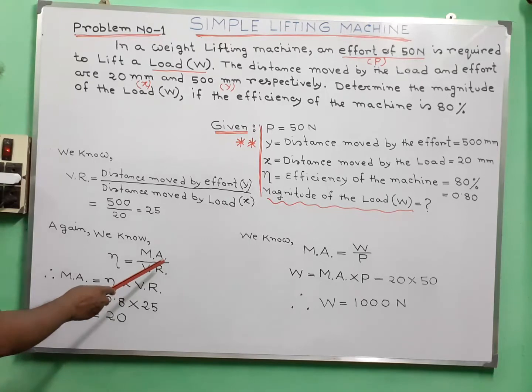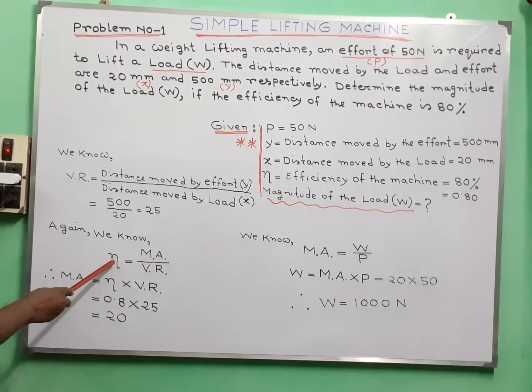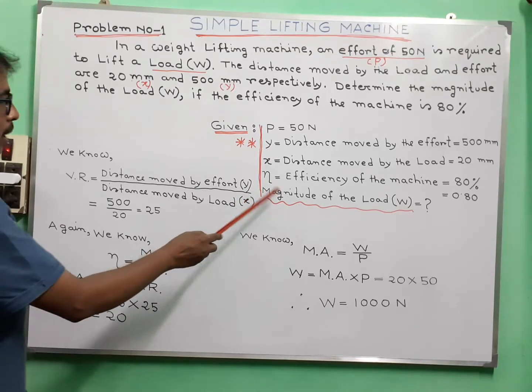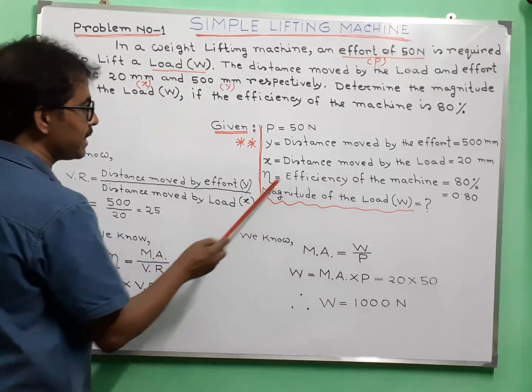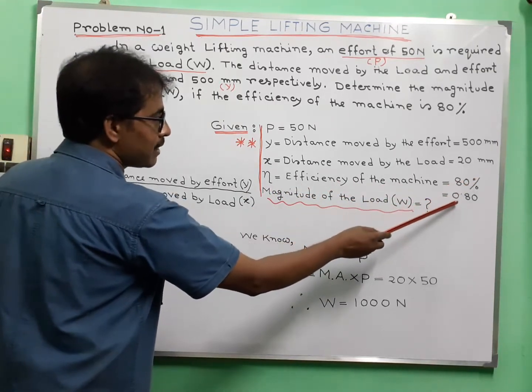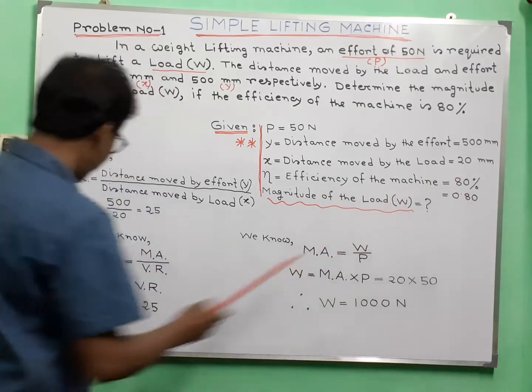Now MA equal to eta into VR, where eta means efficiency of the machine, equal to 80%, 0.80.